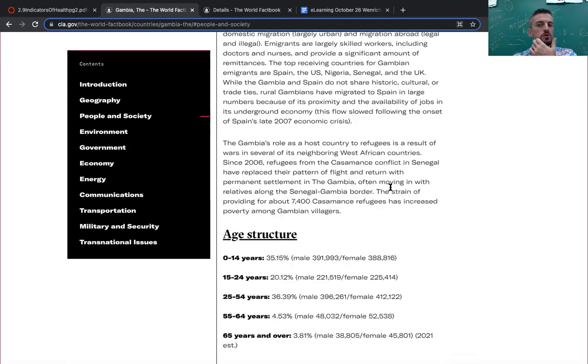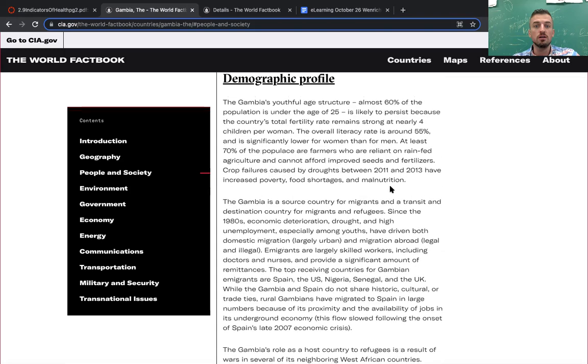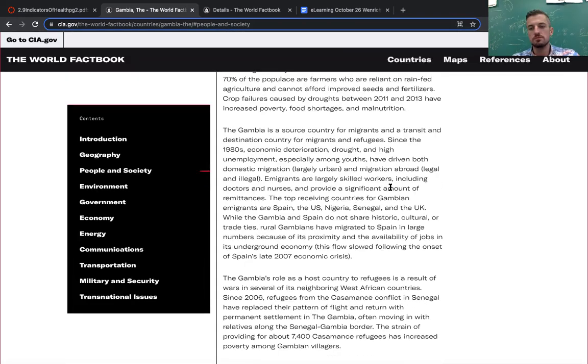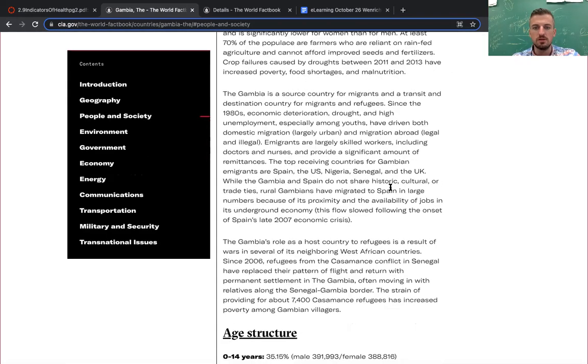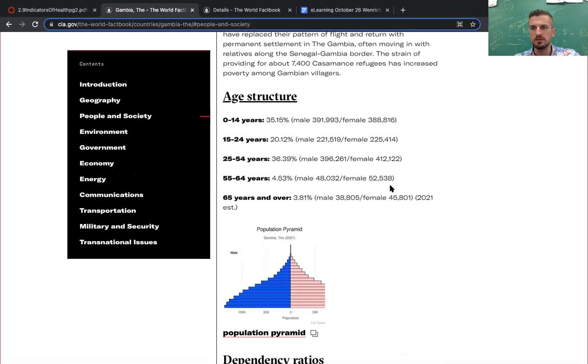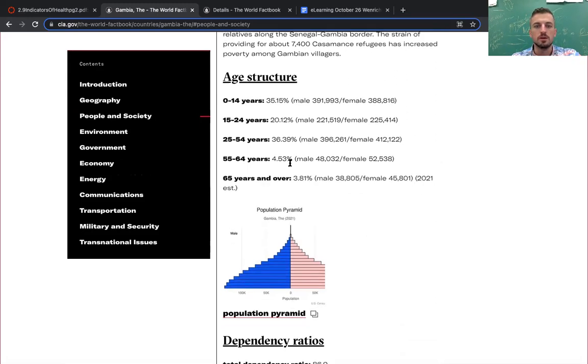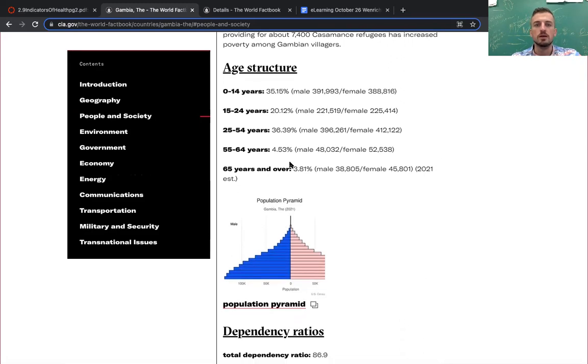And the way that you do that, you can get answers here, and you'll learn about the Gambia. Awesome. But I don't want to read it, and I'm not going to pause to read it because I just want you to use the population pyramid. You can see the age structure.